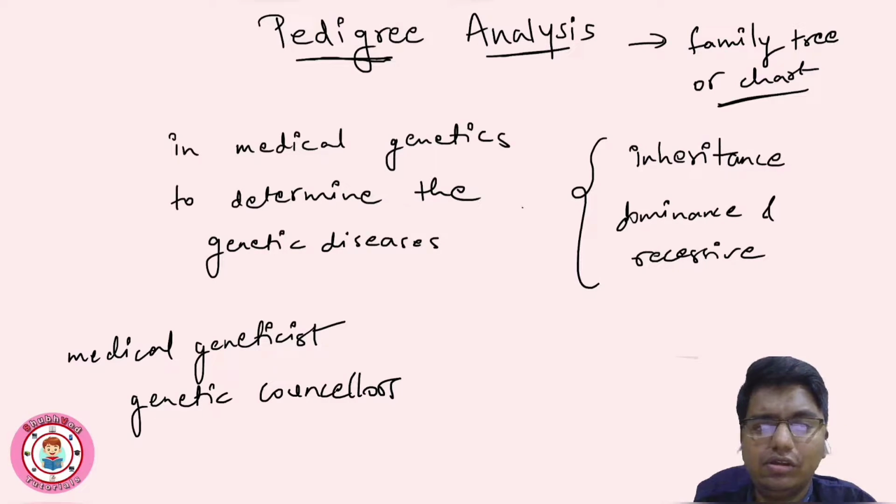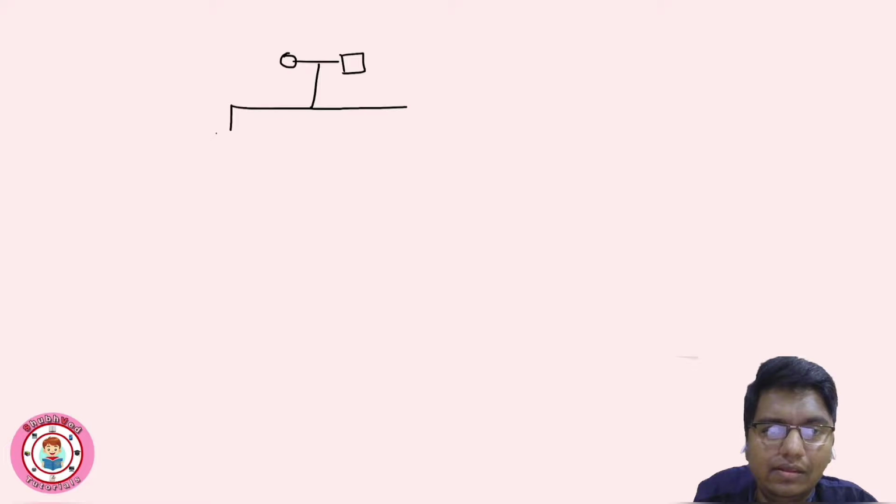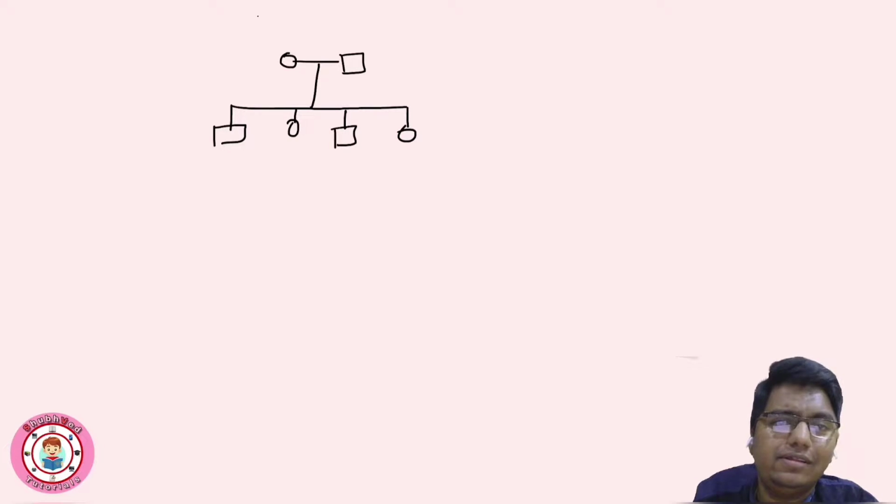First of all we will see how a pedigree looks. There are symbols. I will draw one pedigree here, with a circle and a square. So I have drawn a simple pedigree.